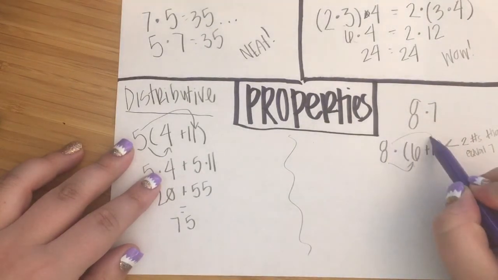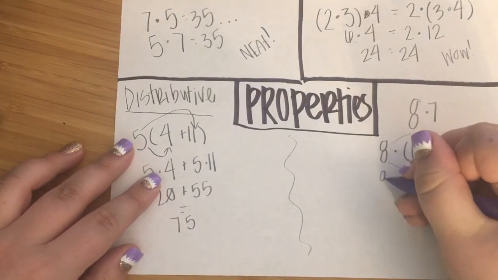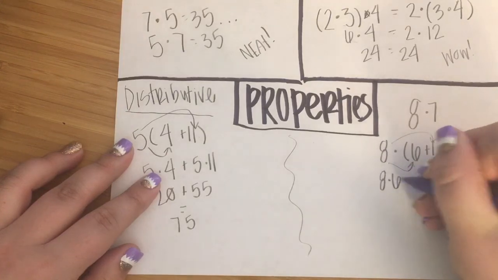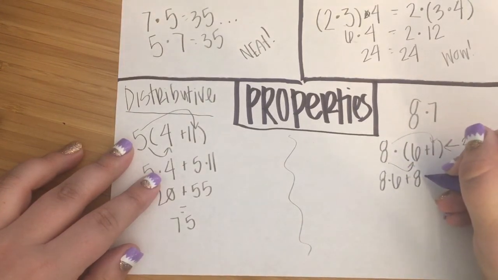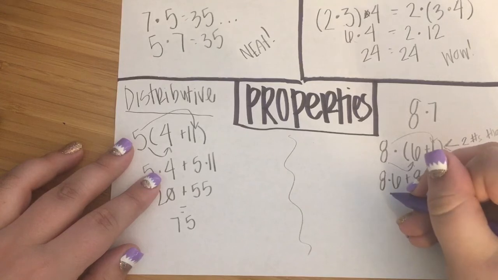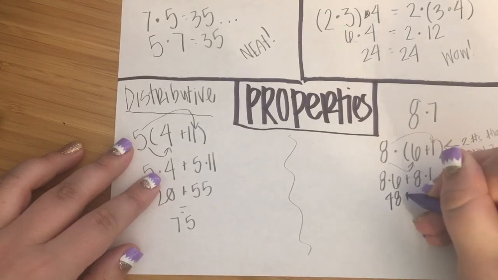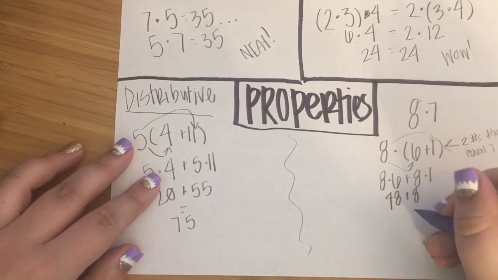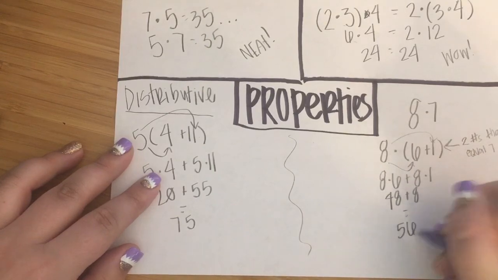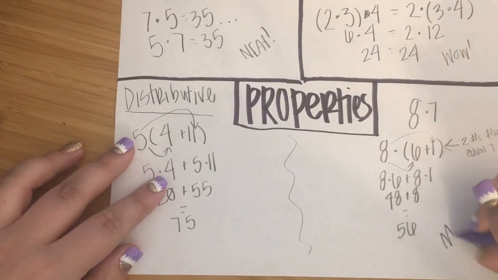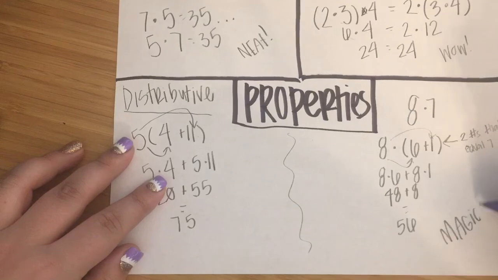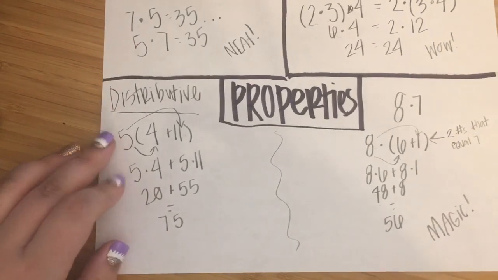So this is like saying 8 multiplied by 6 plus 8 multiplied by 1. I know, kind of crazy. We distribute, we multiply, and I get 48 plus 8 with an answer of 56, which is also what 8 multiplied by 7 is, 56. Math magic, totally happening.